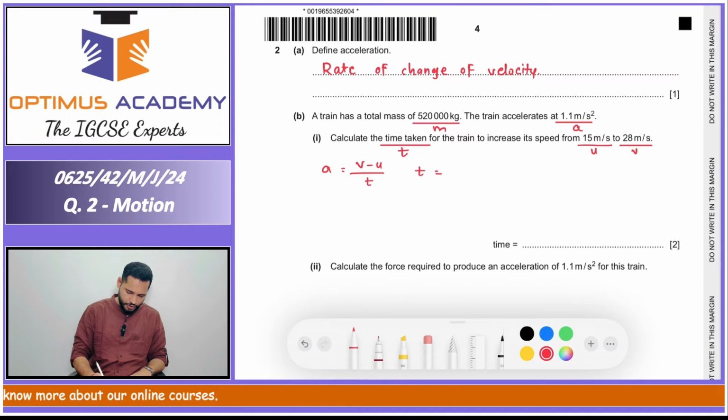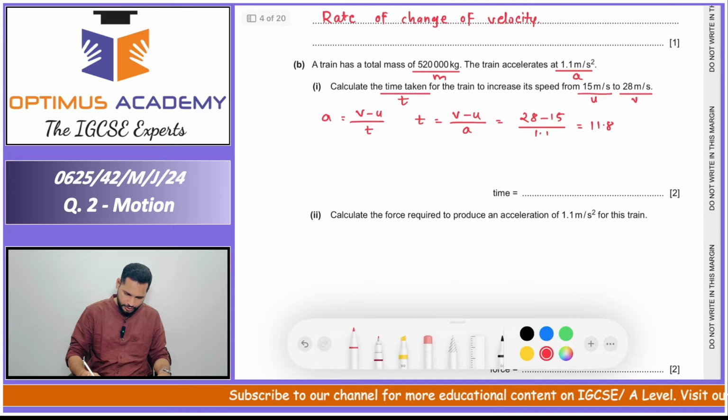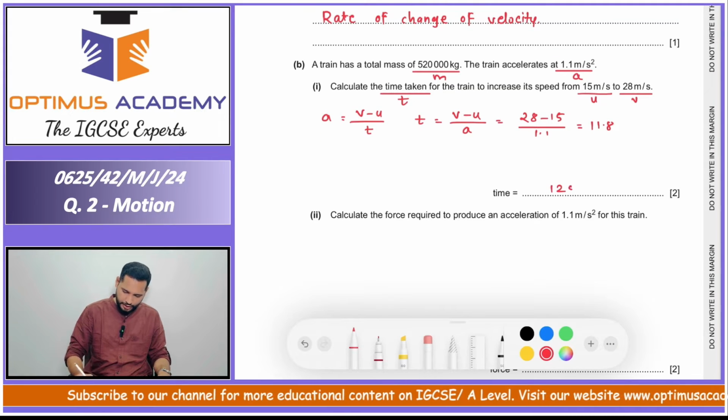So t will be equal to v minus u upon acceleration, that is 28 minus 15 upon 1.1. The answer is 11.8. We can write it as 12 second.